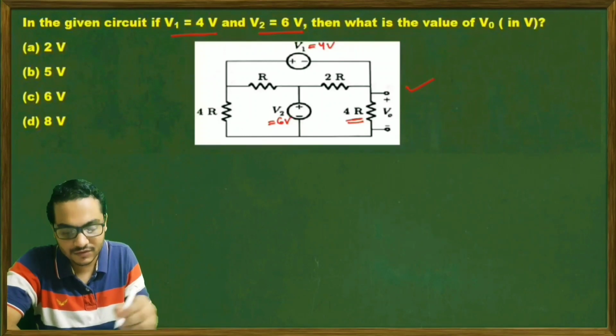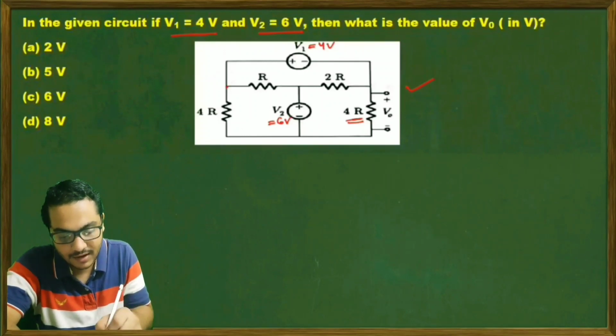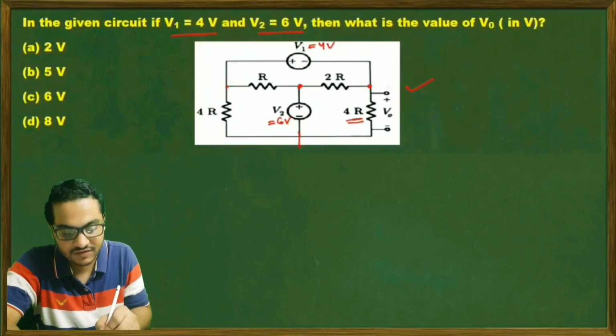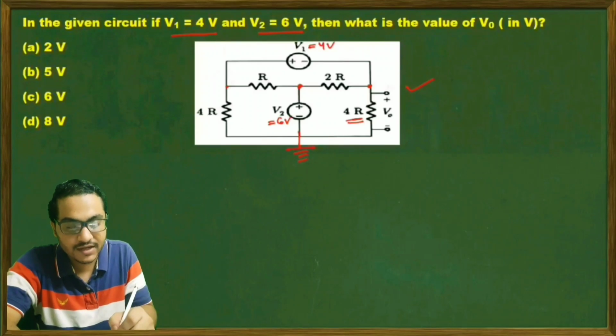Here there are 3 nodes, so this is one node, and this is also a node, and this is also a node. Let's consider this to be your reference node. Now the voltage at this node equal to your V0. Why?